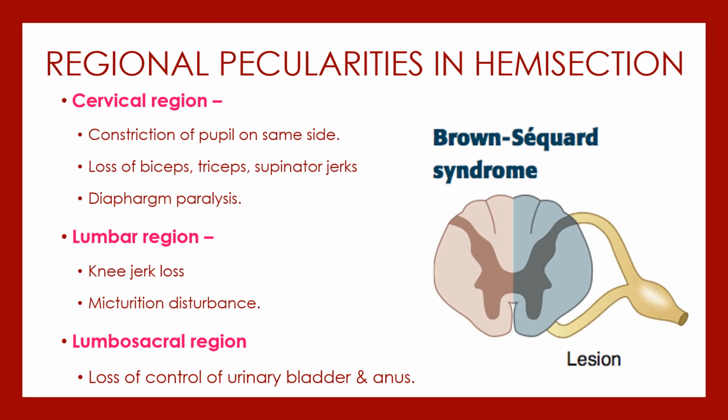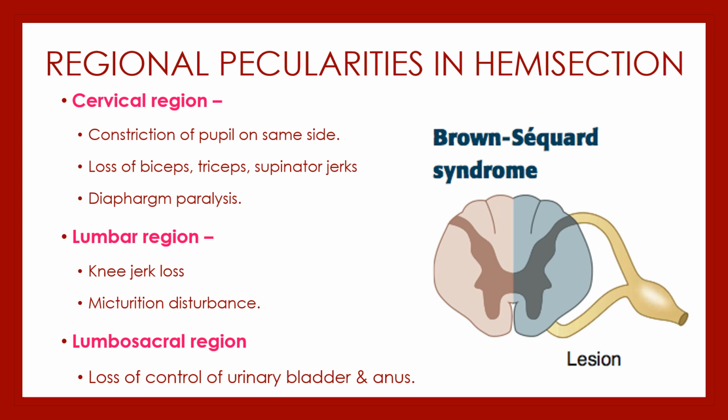So regional peculiarities in the hemisection of the spinal cord. So cervical region hemisection. So that causes constriction of the pupil on the same side due to the damage to the dilator fibers that come through the T1, T2, and T3 anterior nerves.